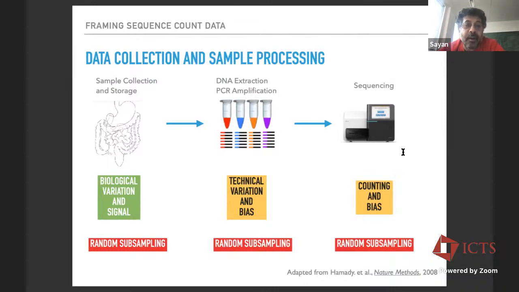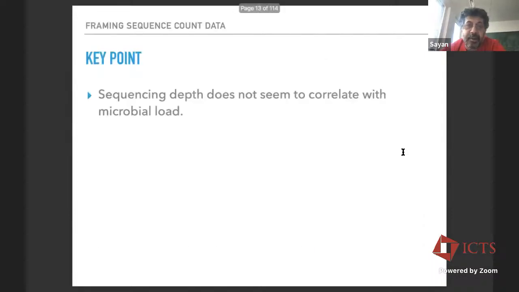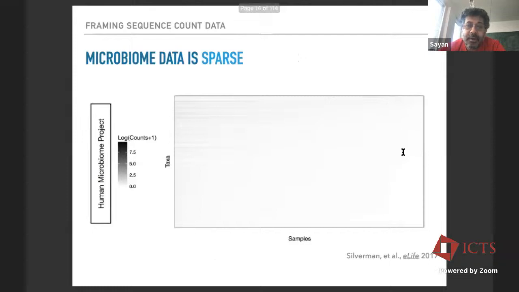And there's a question of how much of what you're seeing is biological variation versus just signal. This is an example of the data you get, but this is real data.